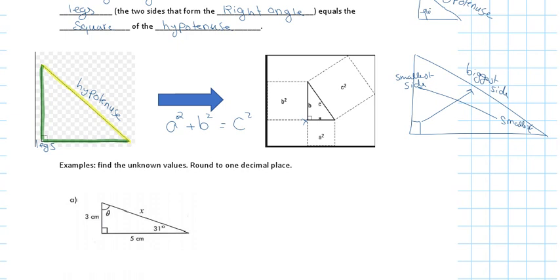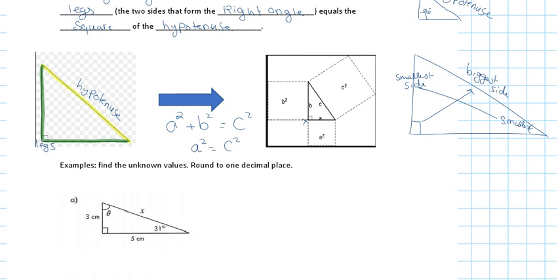Now, what if I know c and I know b? How would my formula change? I know b, so I'm looking for a. So you're going to have to bring the b squared over here and it becomes c squared minus b squared.